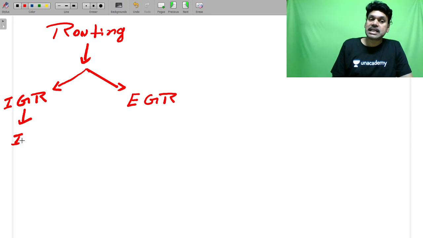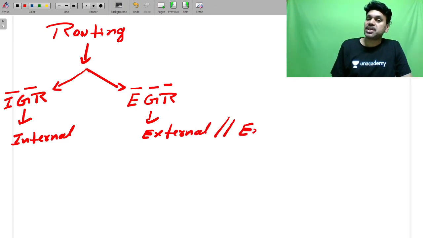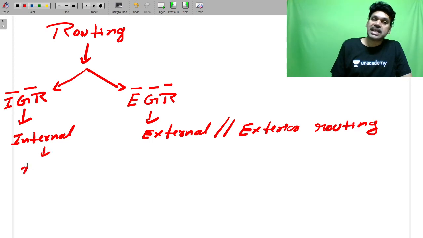This is internal: interior gateway routing. This is external, also called exterior routing.